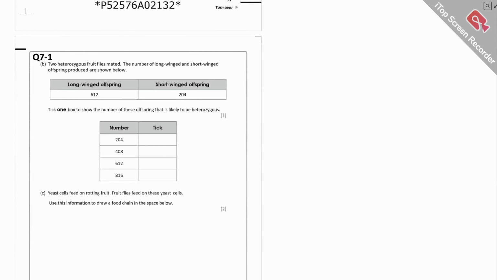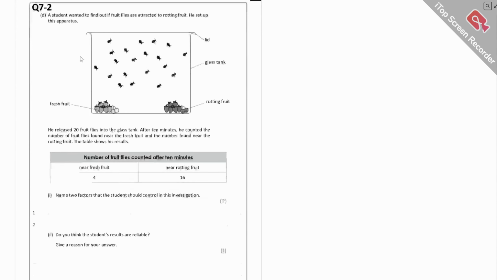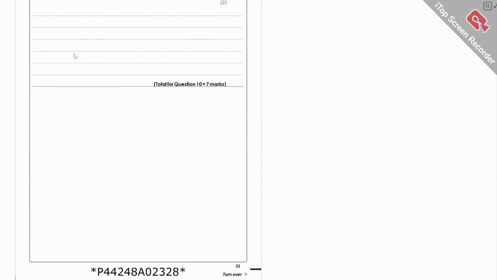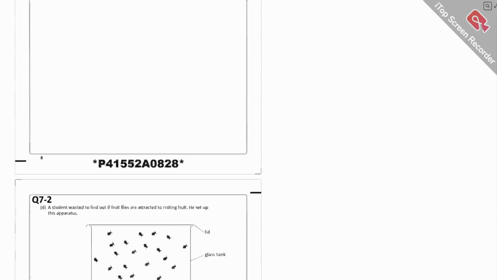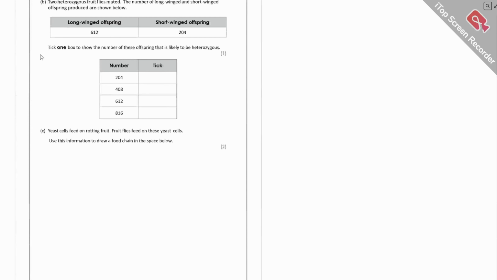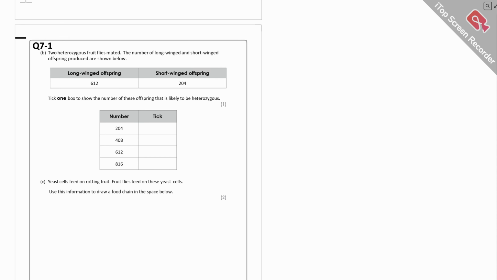Right, okay, let's quickly do this. We've got question 7, 8. Let's see if we can do this. Right, this is a difficult one. 2 heterozygote fruit flies mated. The number of long-winged and short-winged offspring produced are below.